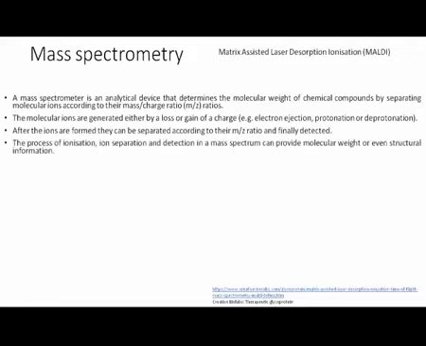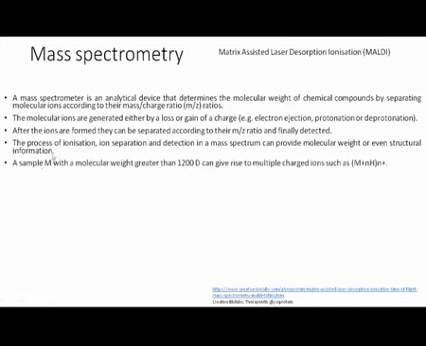The process of ionization: how do you get these molecular ions? It is by ionization, and then ion separation, that is once you ionize by removing an electron or adding an electron, or by protonation and deprotonation, those ions are separated, and detected in a mass spectrum, which can provide molecular weight or even structural information.